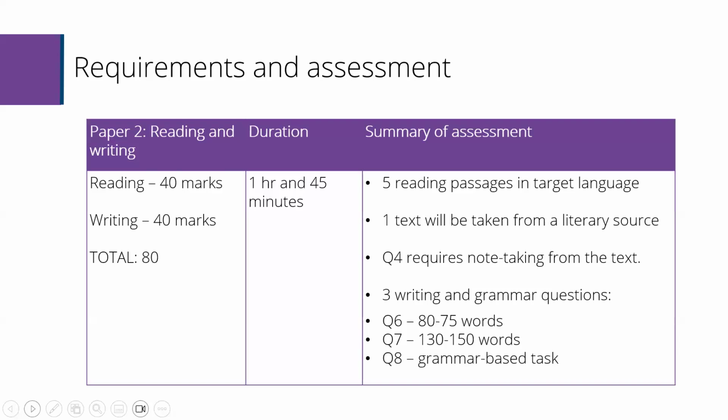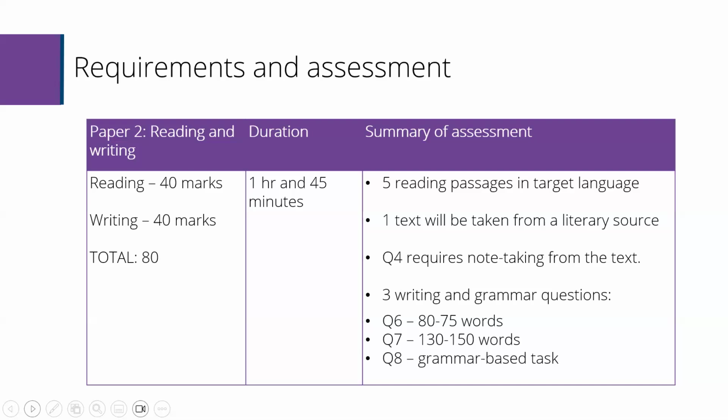So that's the reading part. And then there are 3 writing and grammar questions. Well, 2 writing and 1 grammar. So question 6 is a 75 to 80 word task, and question 7 is a 130 to 150 word task.